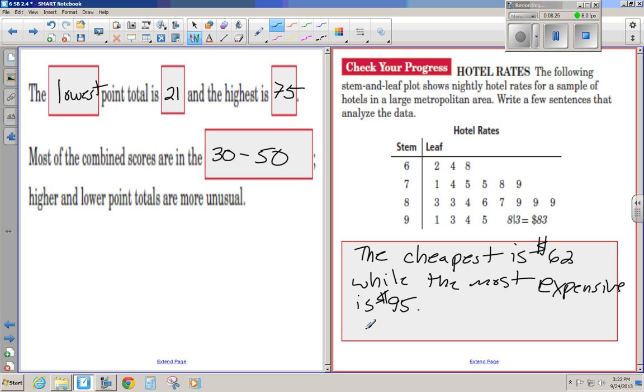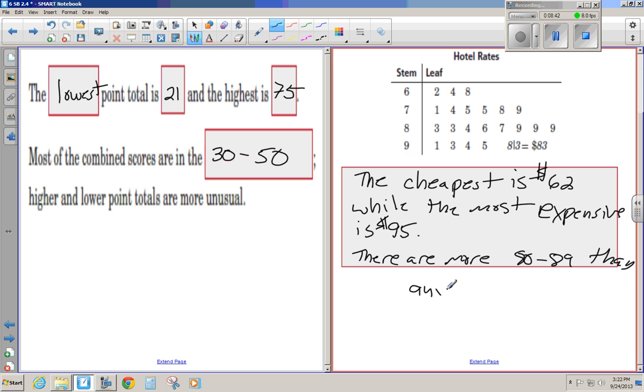You could also say that there are more 80 to 89 than any other. So that's how you could set this part up.